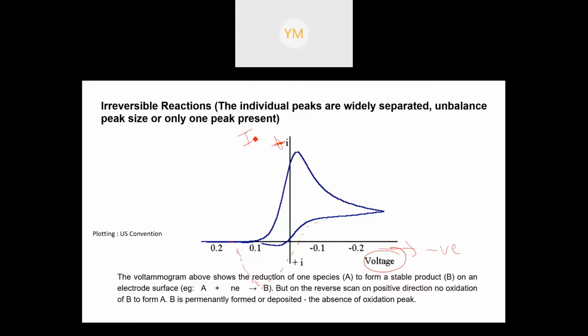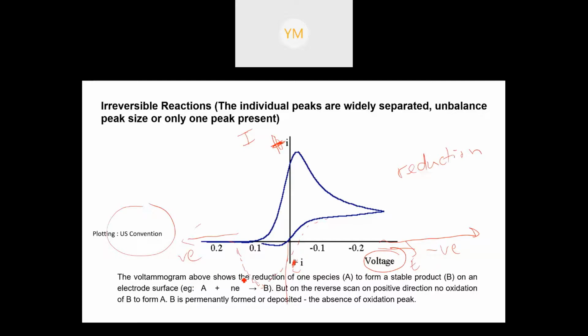This is current, this is E, voltage. Negative direction, positive current, so this is a reduction process for the US convention. I hope you understand that. In this direction, the potential is positive, and the current here is negative, downward.